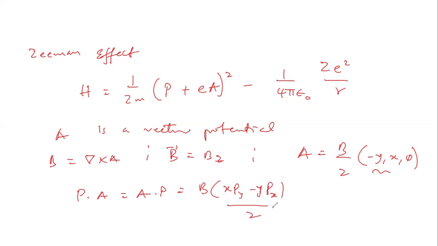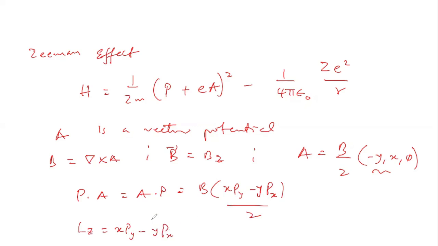Okay. Now, if we recognize the combination in bracket here as the component of the angular momentum in the Z direction, then we can tell that the angular momentum L in the Z direction will be the same as XPY minus YPX, right?